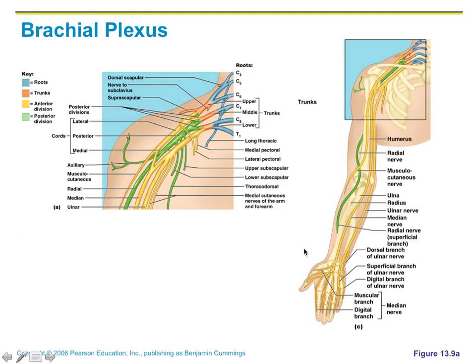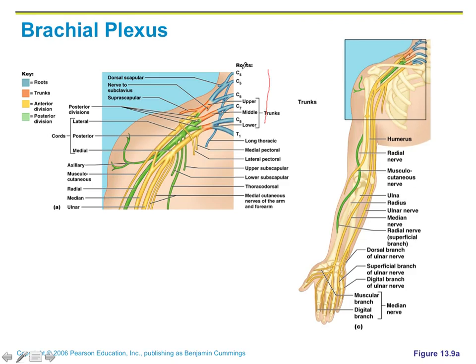So now let's take a look at the brachial plexus. This is also very important, and very complicated. Let's look at it from C4 to T1.